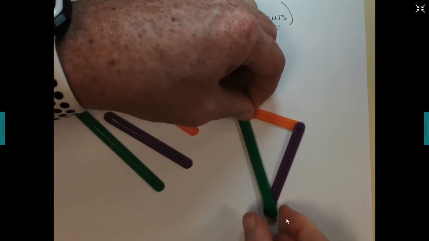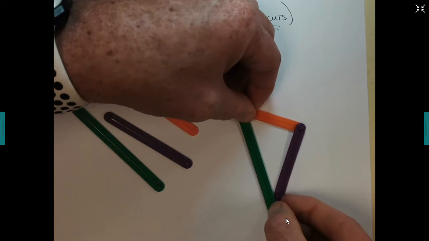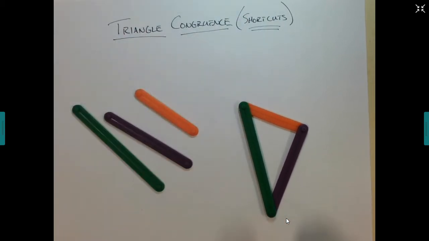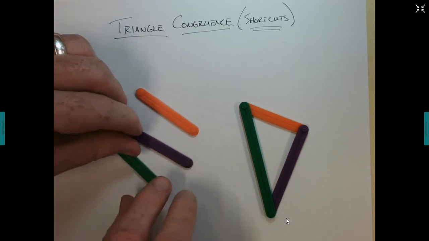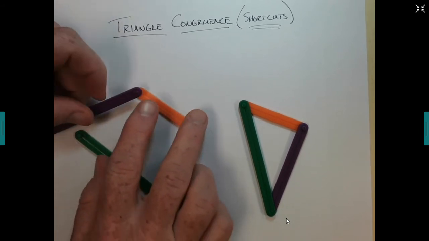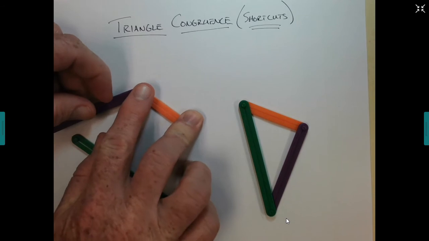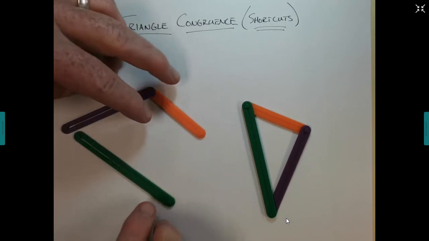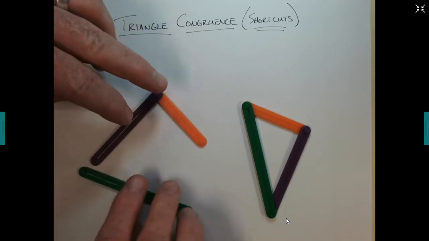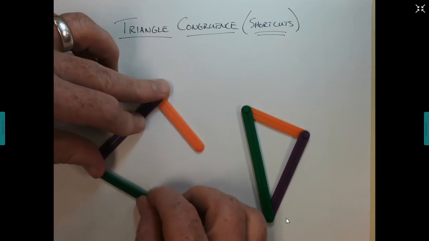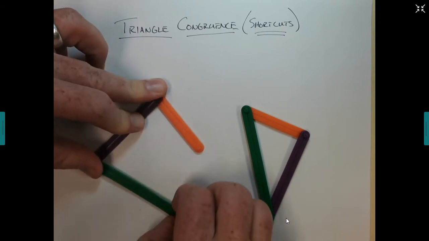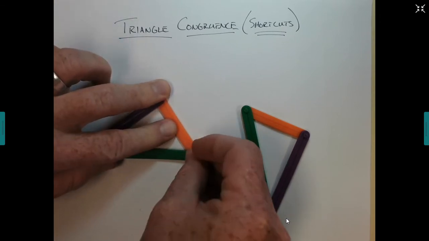All right. And so you might make something like this. And then I would encourage you, let's try and be way more creative. Maybe I attach the purple one over here, and then I got to put the green one in between like that. So let's see how different this triangle is, because all I gave you was 3 sides.